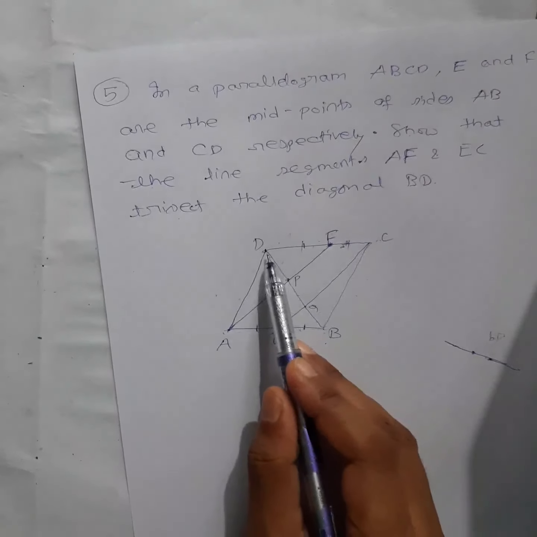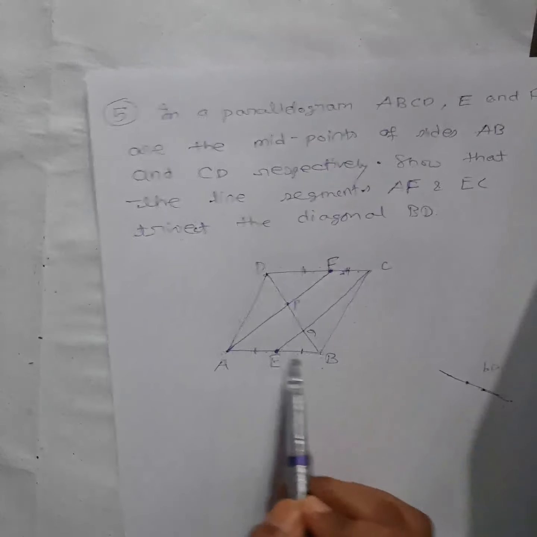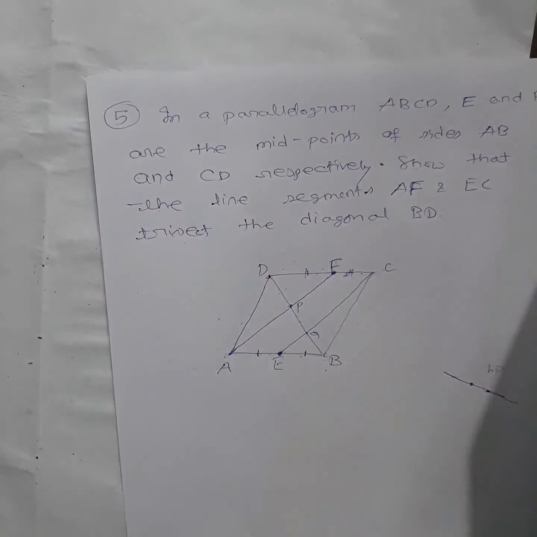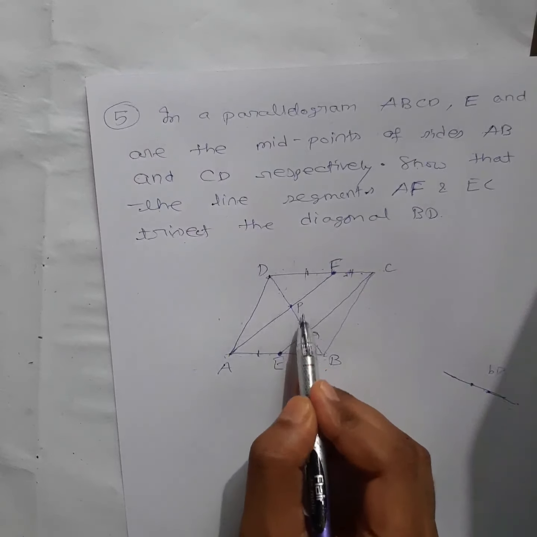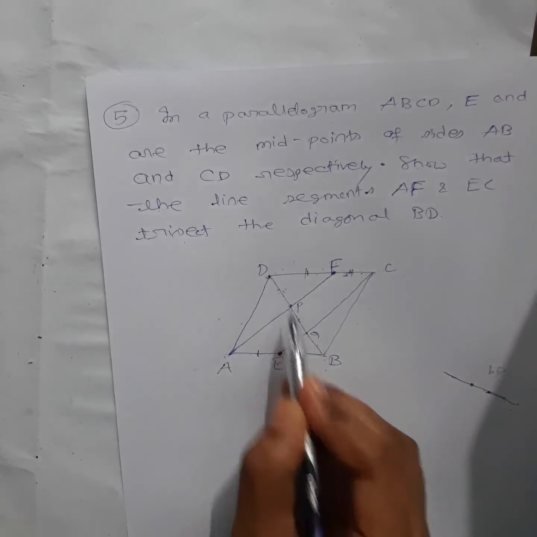So see here, we know that we have the information what, this and this parallel, this and this parallel and equal also. This is the midpoint, this is the midpoint. Now the question is how you will show this equal. So see here, first I will show this and this to equal, 2 at a time. This and this to show equal.